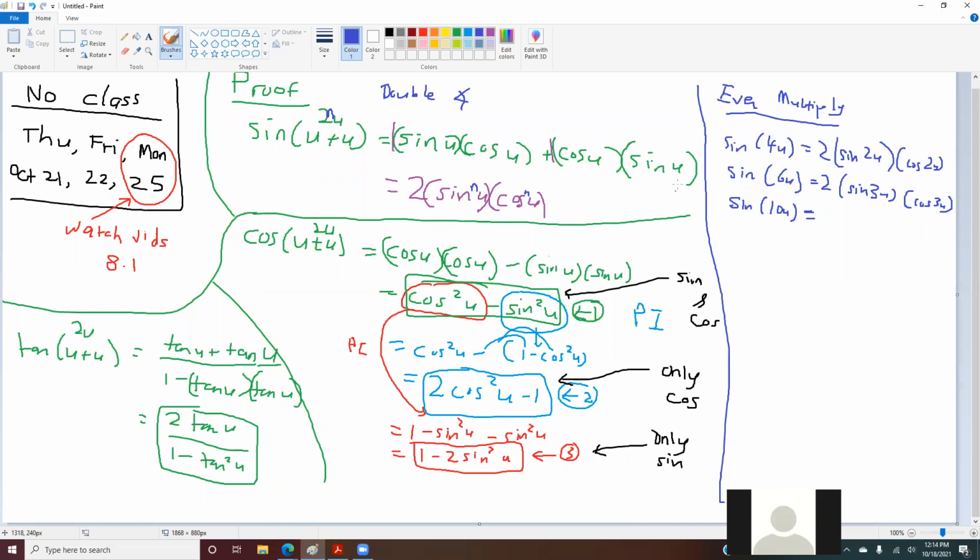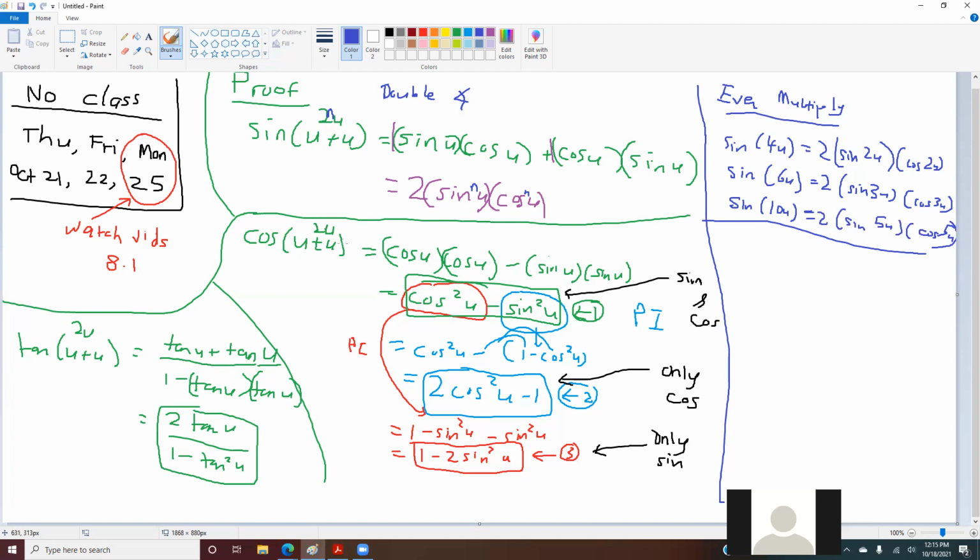Would it be 2 sine 5u and cosine 5u? Yep, that is correct. 2 times sine 5u and cosine 5u. So do not forget that this formula that you see here, we call double angle formula, is also used for even multipliers. It also applies for cosine.